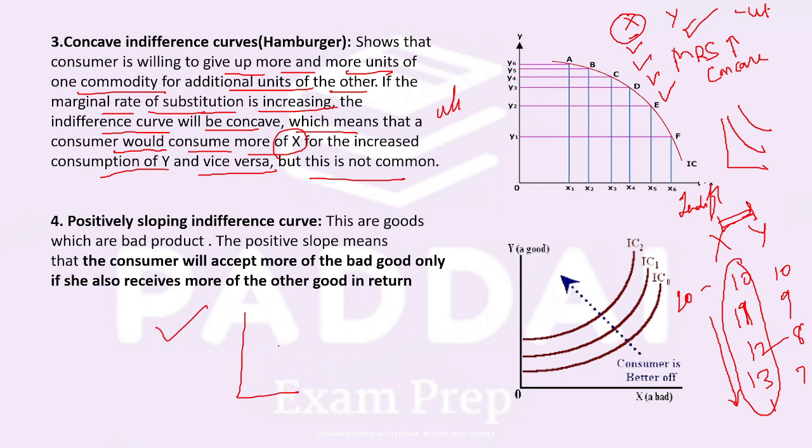Now we know the indifference curve is negative sloping. It becomes a positive slope when there are goods X and Y, and X is a bad product, Y is good.